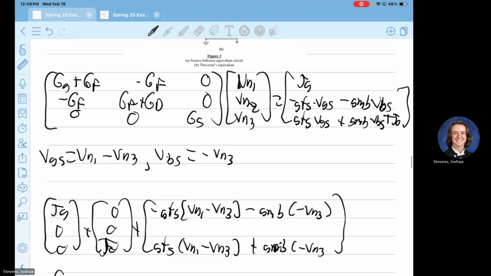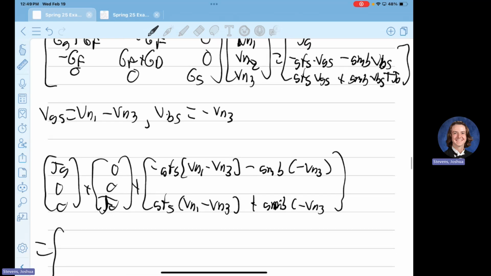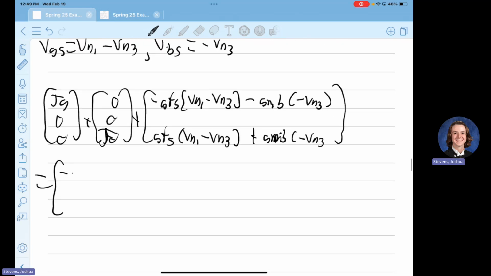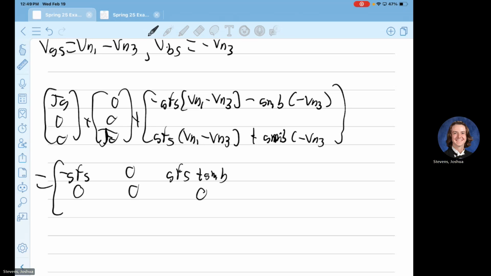So this just becomes negative GFS, 0 because nothing's touching VN2. This becomes then just positive GFS because it's touching that, and also GMB. Does that make sense for that?